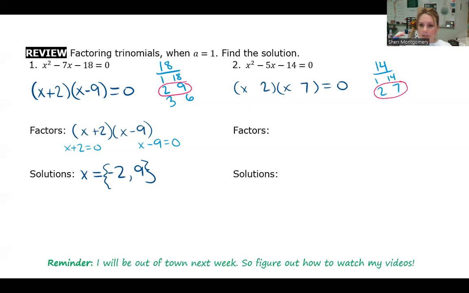The middle term is negative, so the bigger number has to be negative. So -5 plus 2. So X plus 2, X minus 7, those are my factors. My solutions would be X is equal to -2, X is equal to 7.